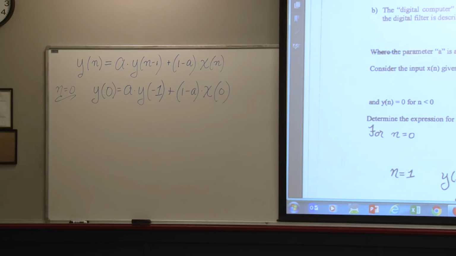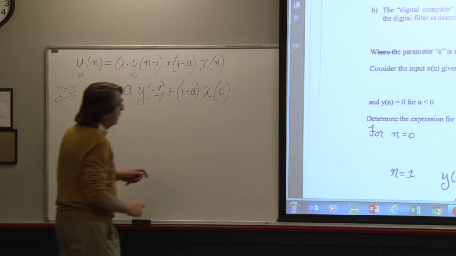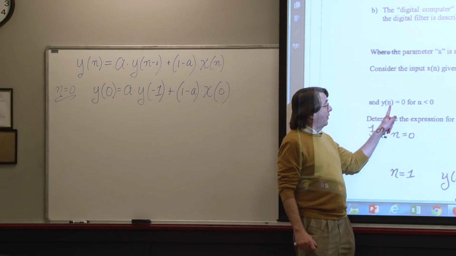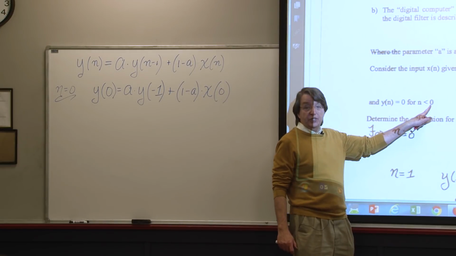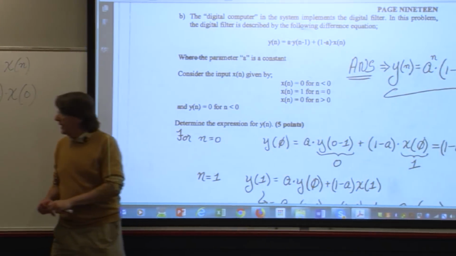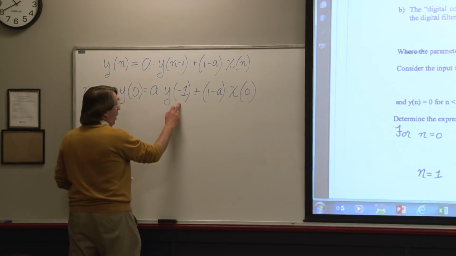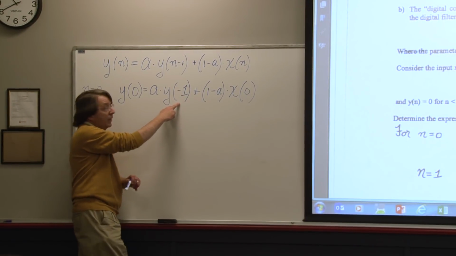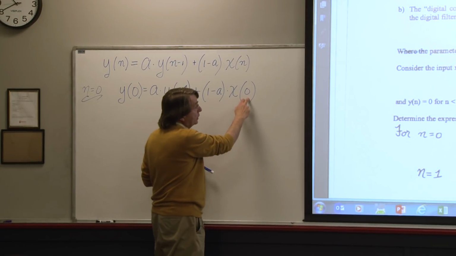Now, if I lose you, please stop me, because someone else in the home audience is probably lost. So now I just have to substitute values. Y of n for n less than 0 is 0, so y of minus 1 is 0. Now, what's the value of x of 0?